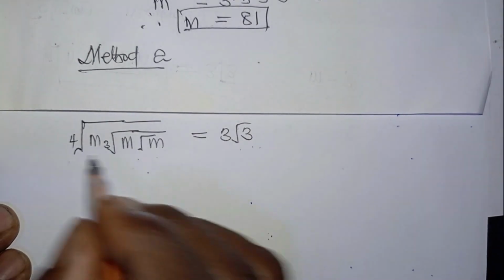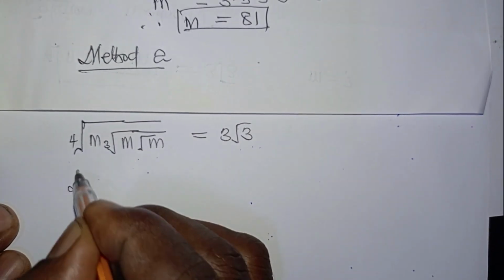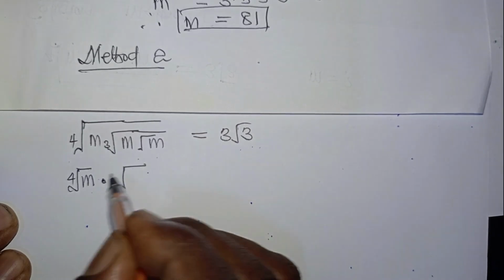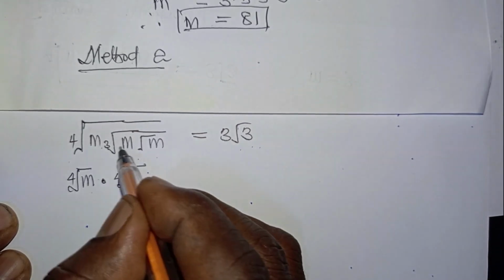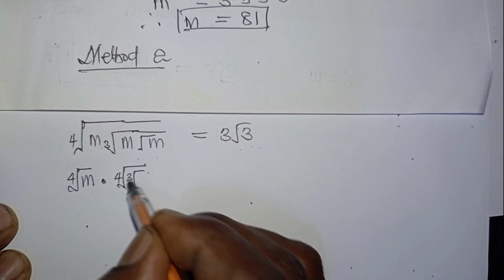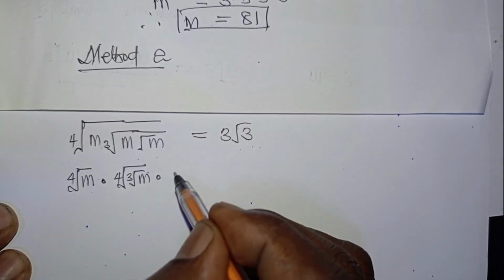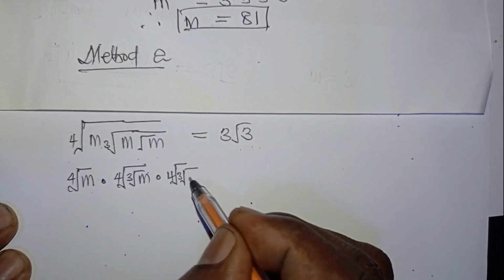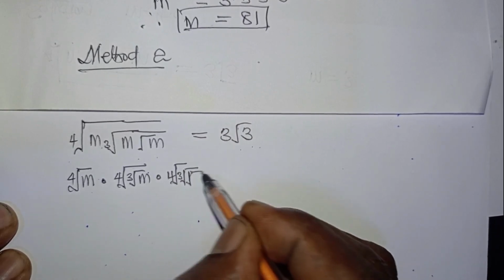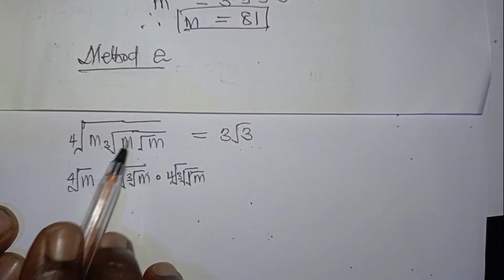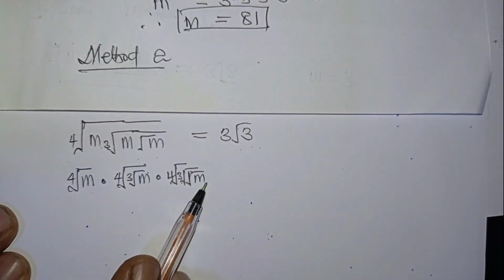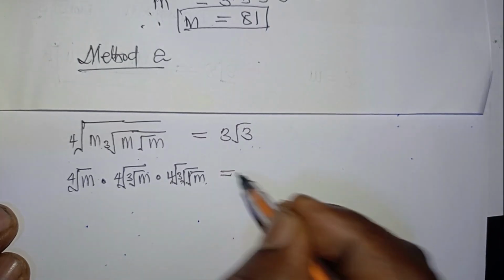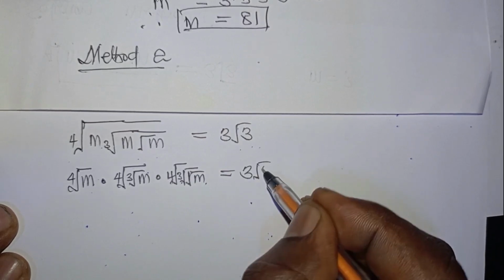So here we can write this as fourth root of m multiplied by fourth root of cube root of m multiplied by fourth root of cube root of square root of m. So here, fourth root, cube root, and square root of m equals 3 root 3.